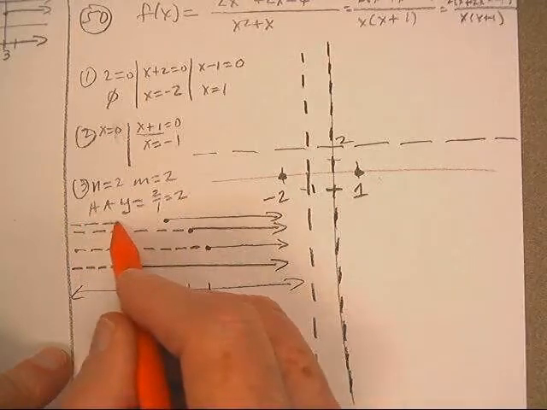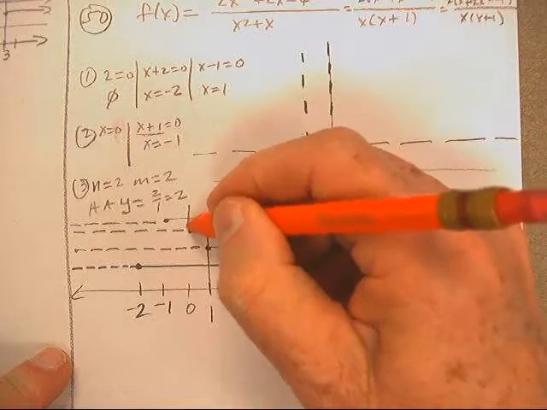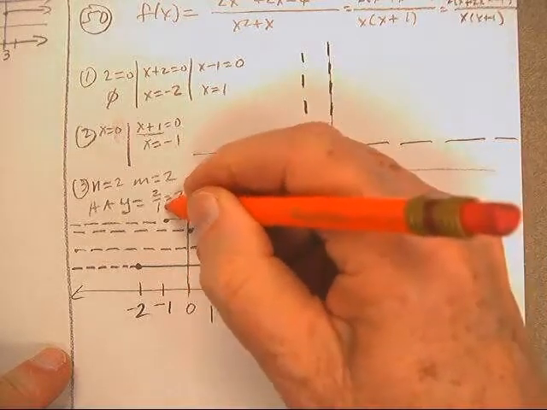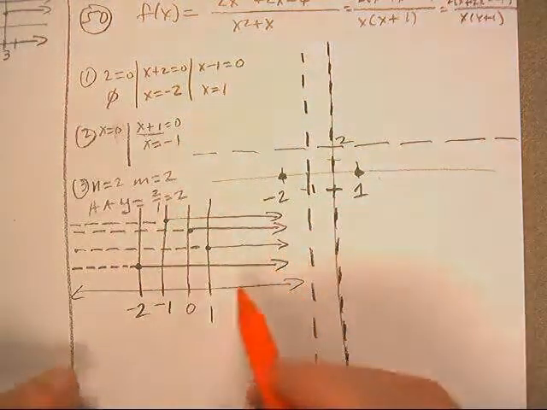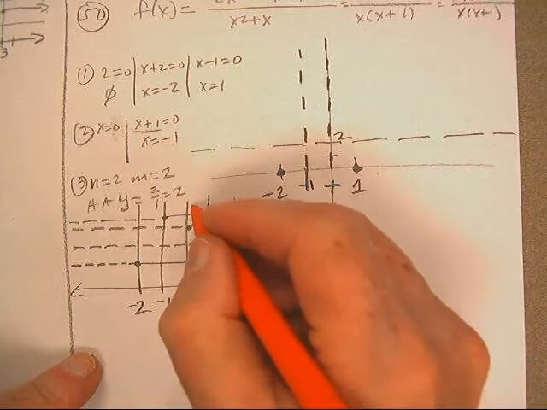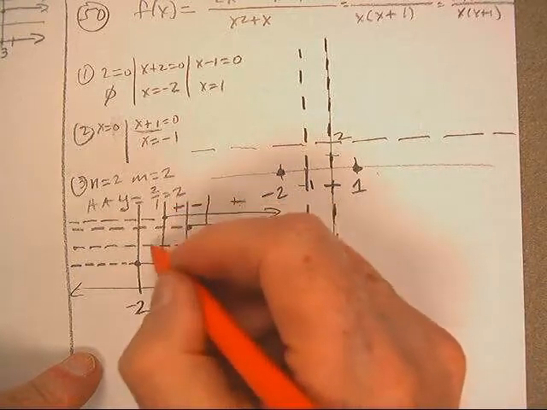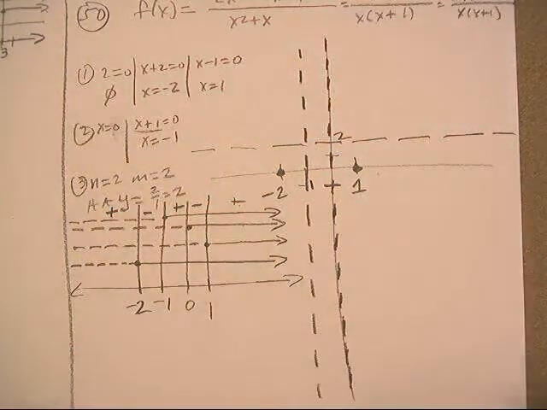To the left of negative 1, it's always going to be negative. And then draw your signs. Okay, so to the right of 1, I'm positive, positive, positive, positive, positive, negative. This one's negative. That one's positive. This one's negative. This one's positive.